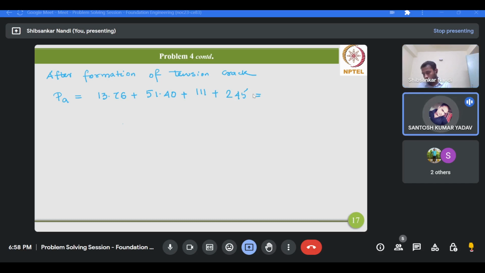That is 421.16. 421.16 kilonewton per meter. So this is the answer for component A.